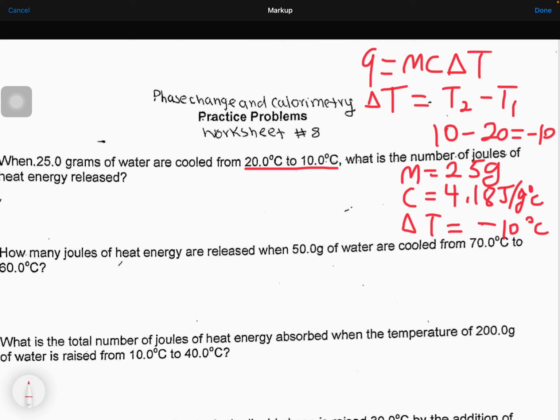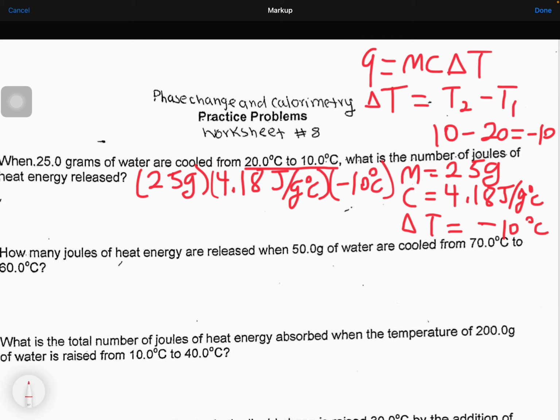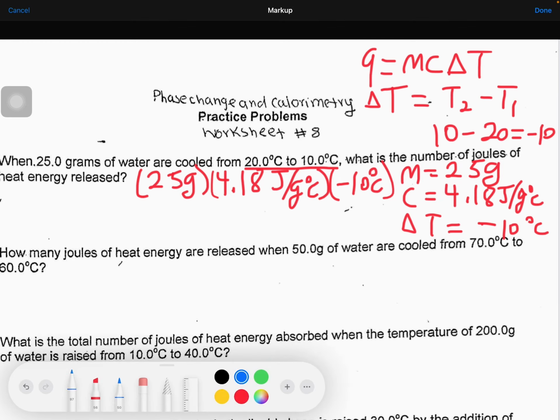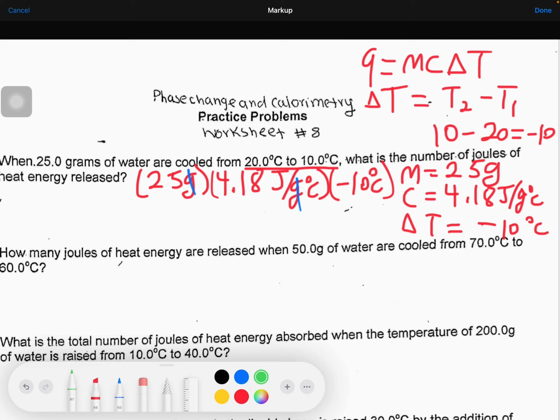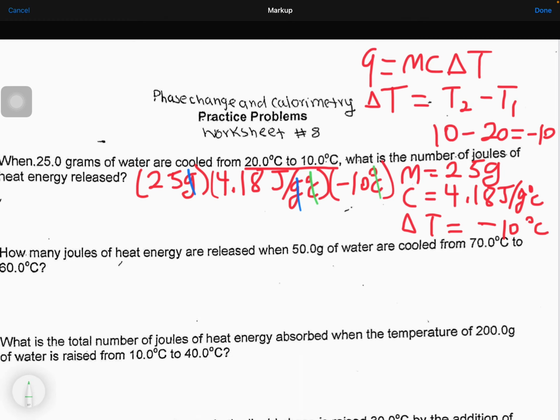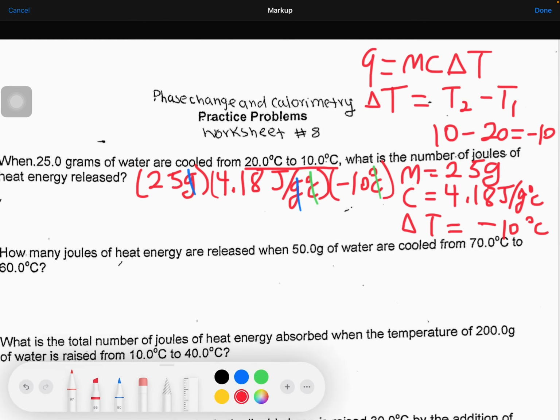Now we just plug it into our equation, so that is 25 grams multiplied by 4.18 joules per gram degree Celsius times negative 10 degrees Celsius. Again, we can cross out our units, grams, Celsius, Celsius, so we're just left with our final answer in joules.